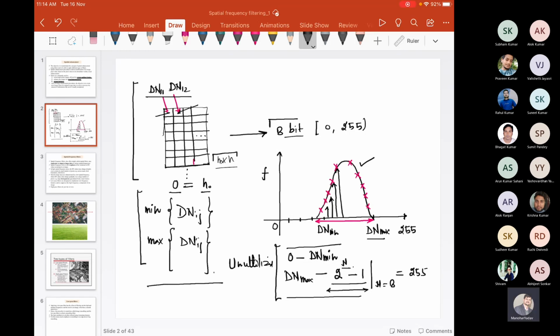It means by using this linear function we have discussed previously, in this case we have a digital number, and in this case we have a different set of grayscale, and we have a transfer function. Generally we select it linear in nature.